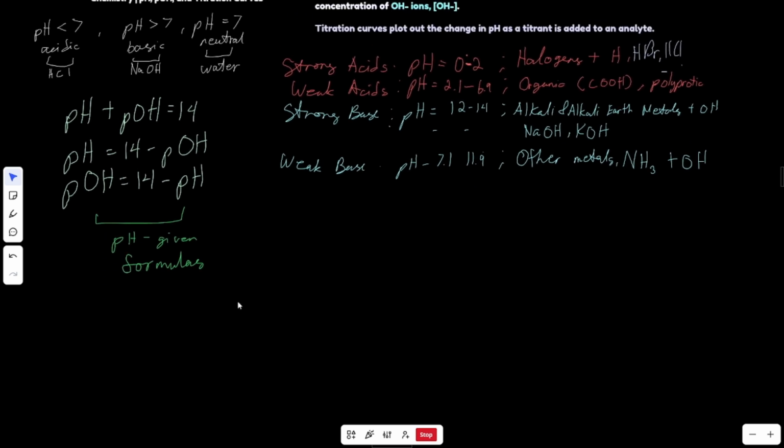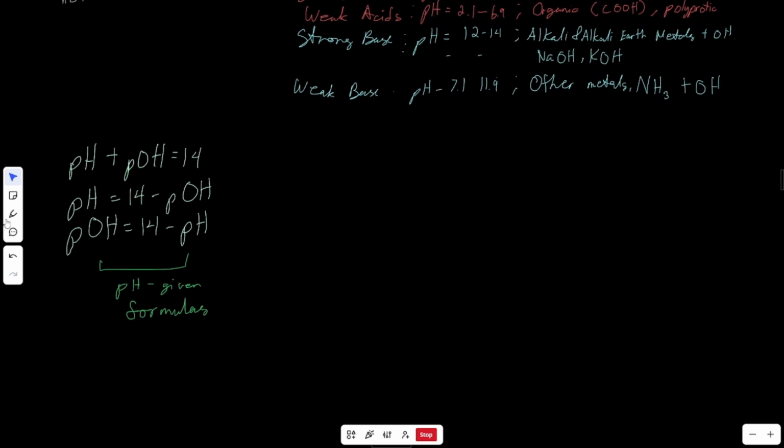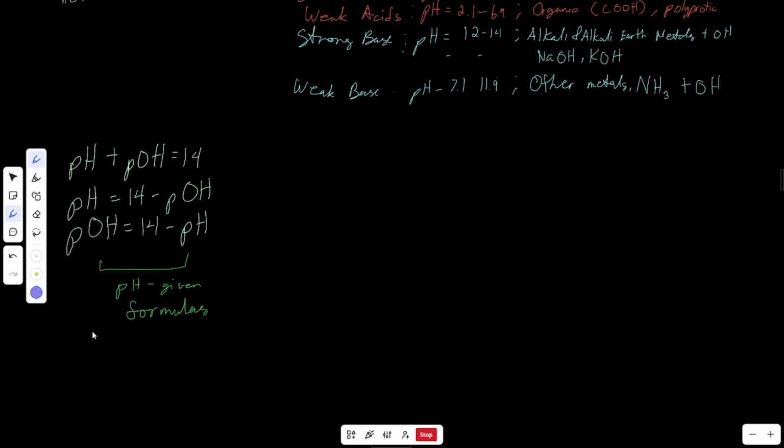Now, how about when you don't have the pH or the pOH yet and you're given concentration? Well, now you can derive for pH using this formula.